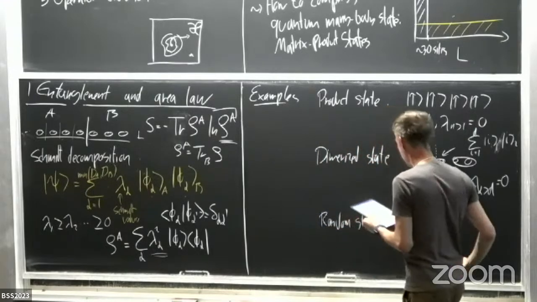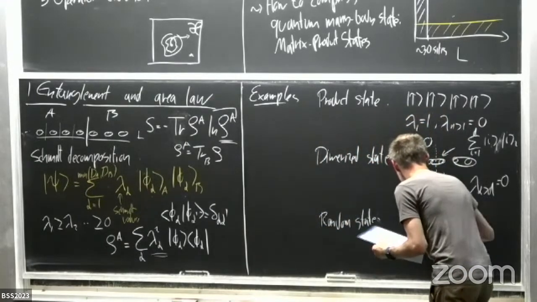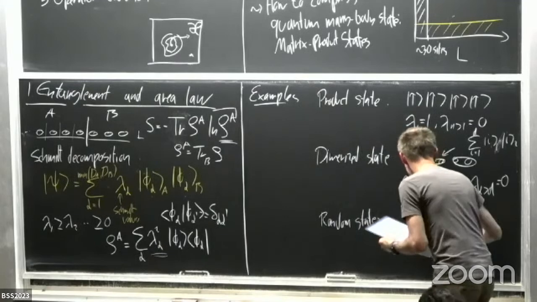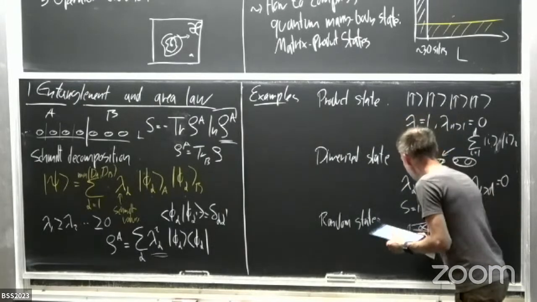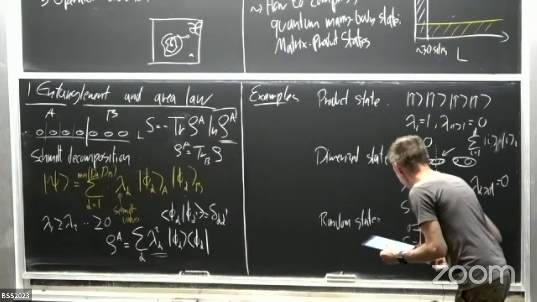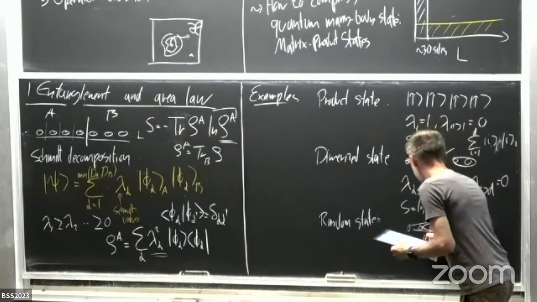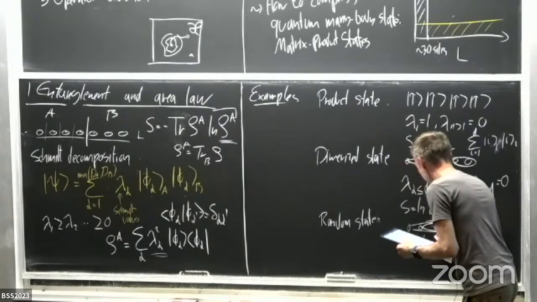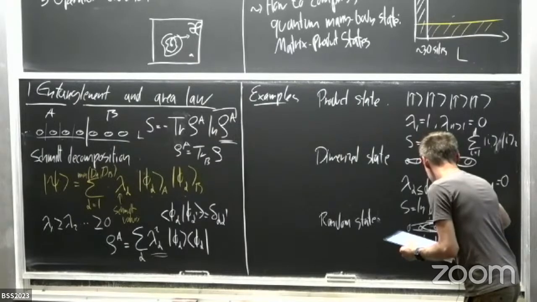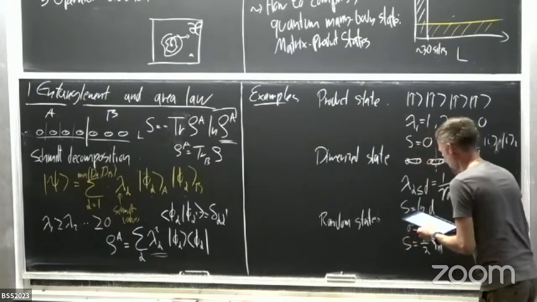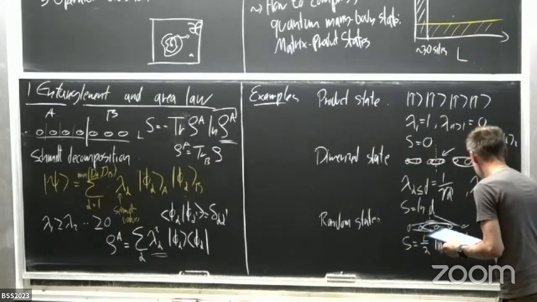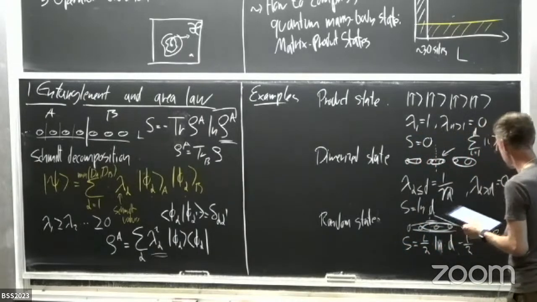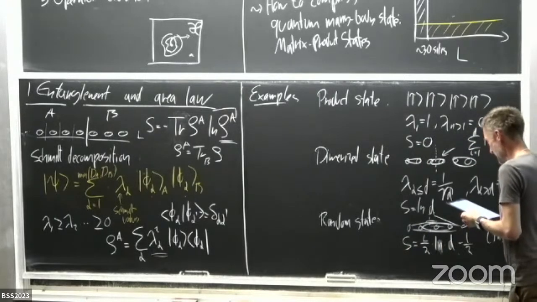If I draw the random state, I would draw lots of entanglement between the degrees of freedom. In that case, what I'm going to find is that the entanglement entropy, if I cut it in the middle, is L/2 times ln d minus 1/2. And this has been shown by Page sometime in the 90s.